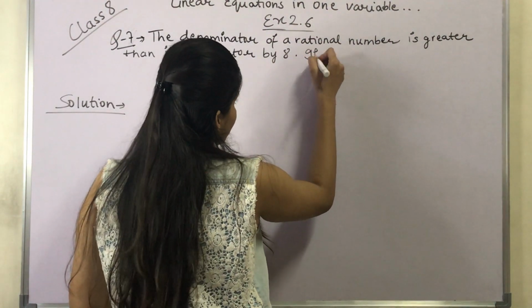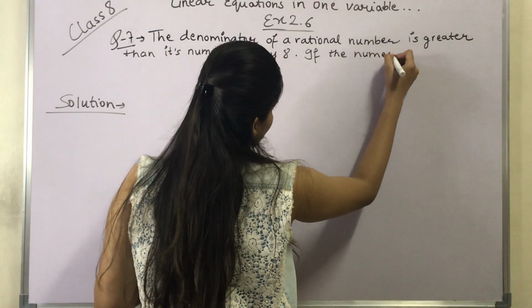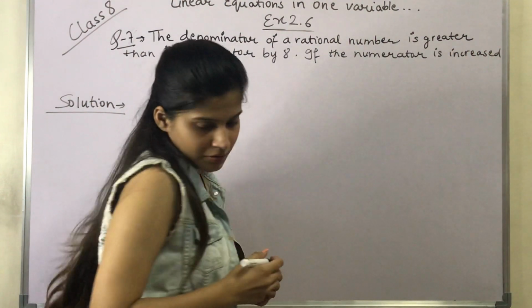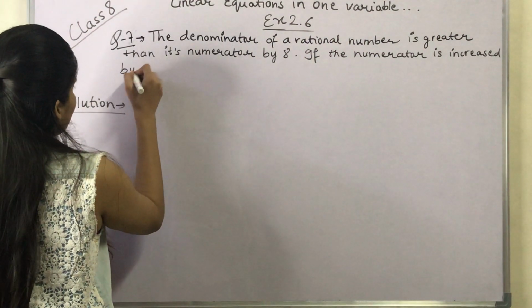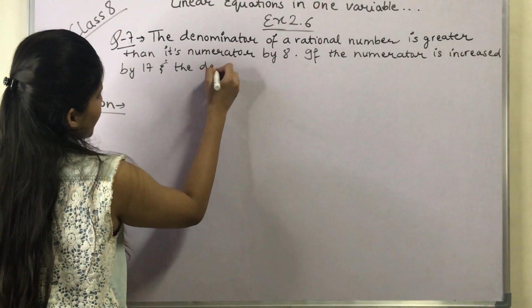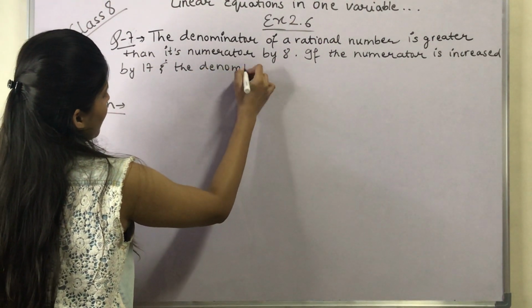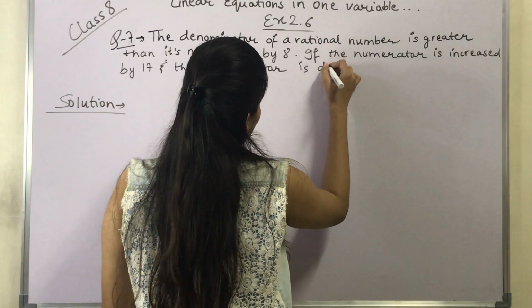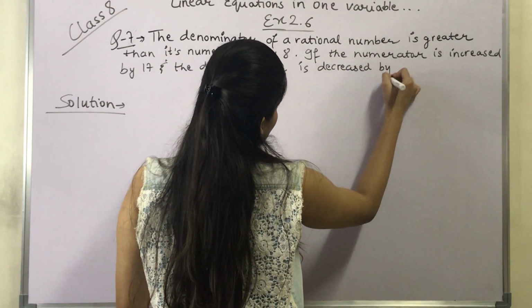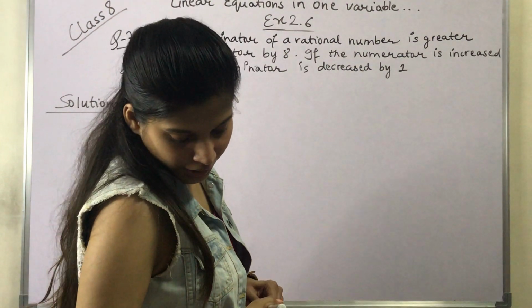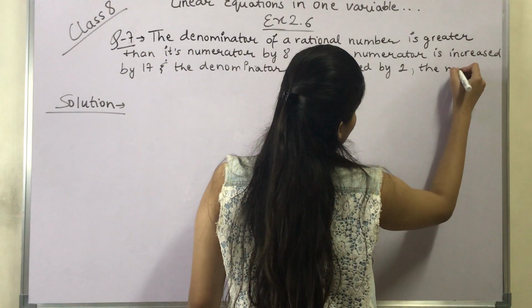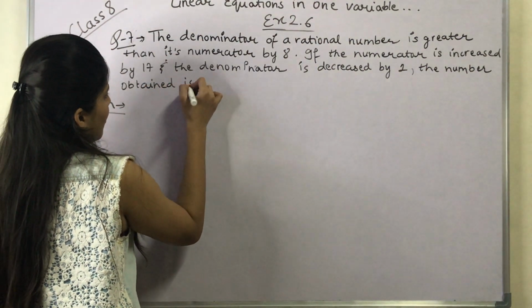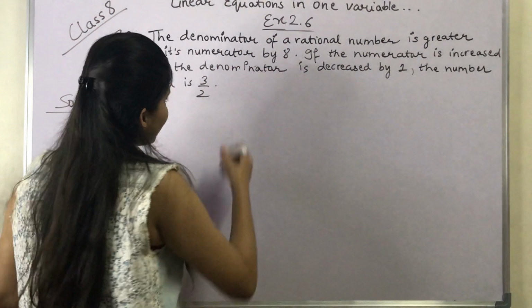If the numerator is increased by 17 and the denominator is decreased by 1, the number obtained is 3/2. Find the rational number.